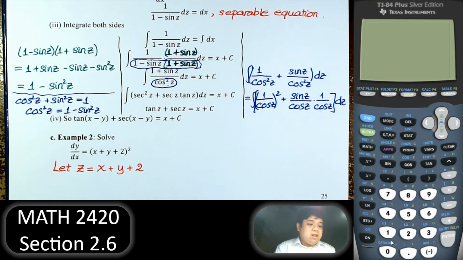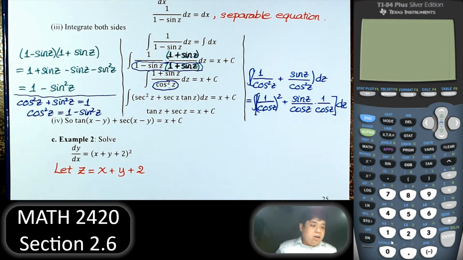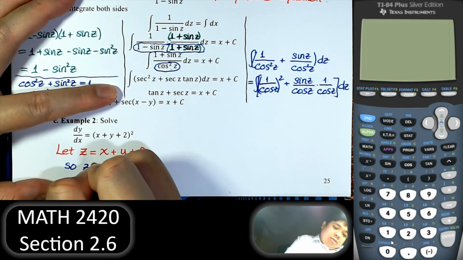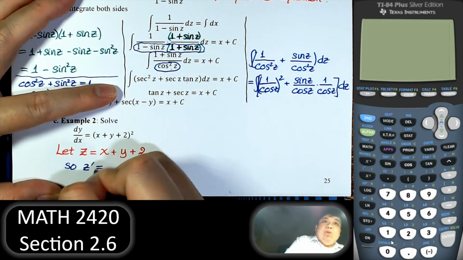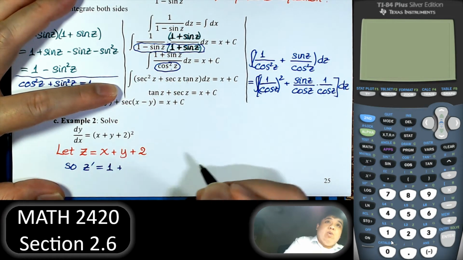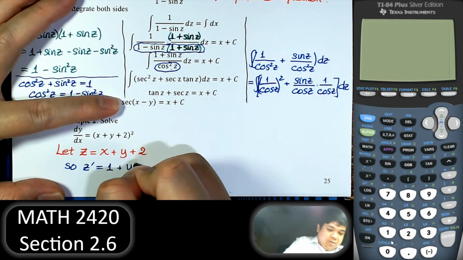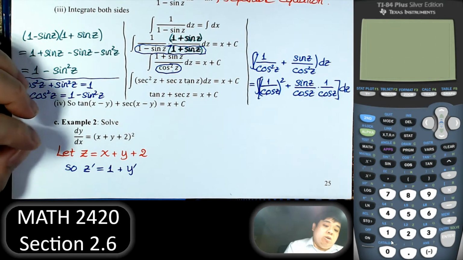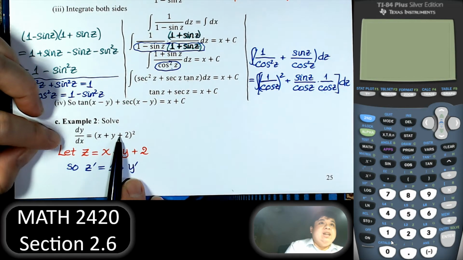So if that is the case, then we'll take the derivative of both sides. So z prime equal to x prime. Derivative of x with respect to x is 1. Derivative of y with respect to x is y prime. Derivative of 2 or any constant with respect to x is 0. So that's why when we have a constant here, it doesn't matter.